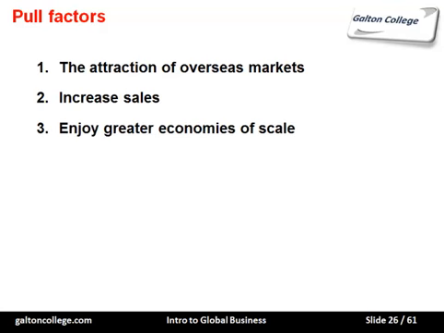Of course, in expanding in this way, the company will gain economies of scale. Economies of scale means economies of size. As companies grow, the average cost of production tends to fall. And the reason for that is simple. As companies grow, it gets easier for them to negotiate discounts on bulk buying of raw materials.